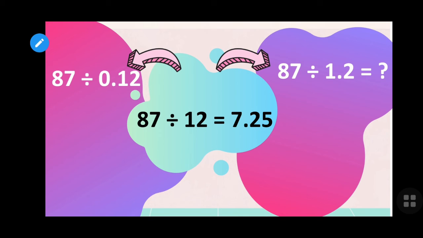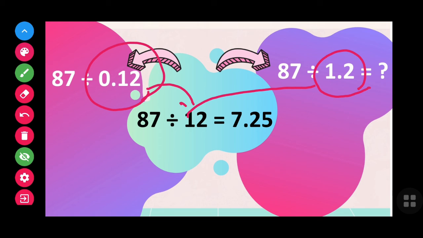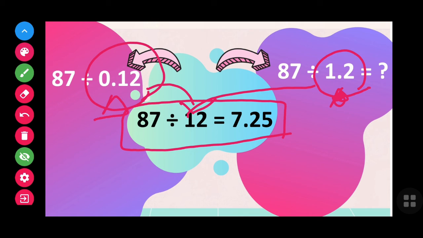So what have we got to do now? We have to change this divisor into a whole number and we have to obtain the answer. So that has already been done here, and the answer is provided. But we have to consider these decimal places and we have to get the final answer.